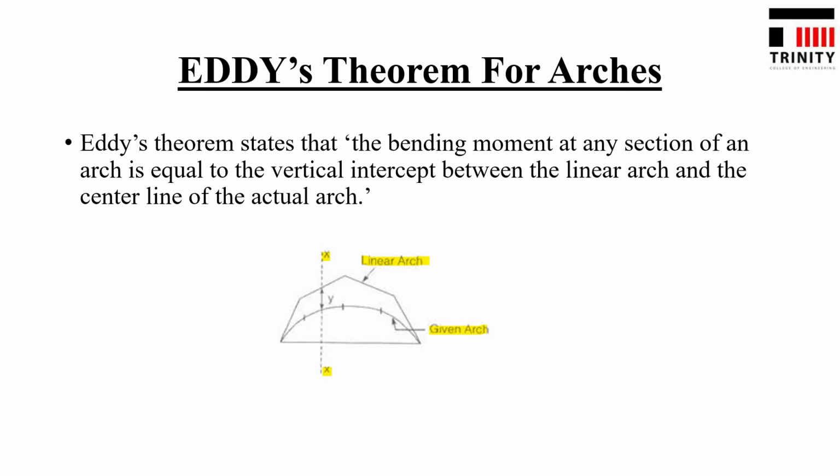Bending moment at this section XX will be proportional to the vertical distance y between the actual arch and the linear arch. That is, BM or M at section XX is proportional to y, which is the vertical intercept between the linear arch and the actual arch. So this is Eddy's theorem for arches. Okay, thank you.